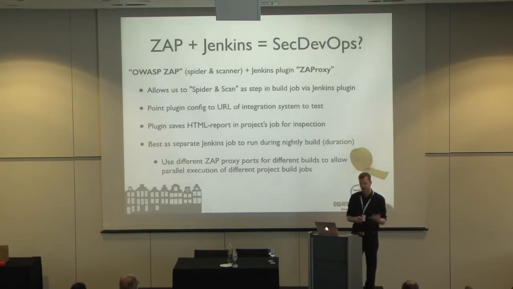You can configure certain scan policies, certain types of attacks, using the ZAP policy files, and it emits a report, either human-readable HTML or just an XML for further processing. It's best to execute that in a separate Jenkins build job that runs on a nightly basis, for example, due to duration, because this might take some minutes or one hour or longer.